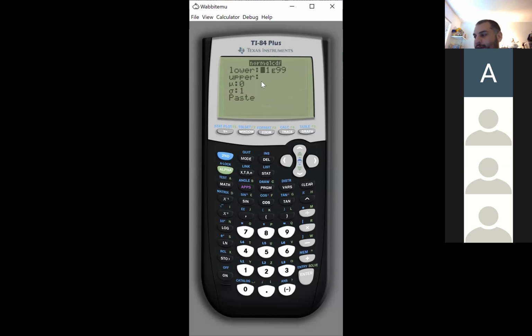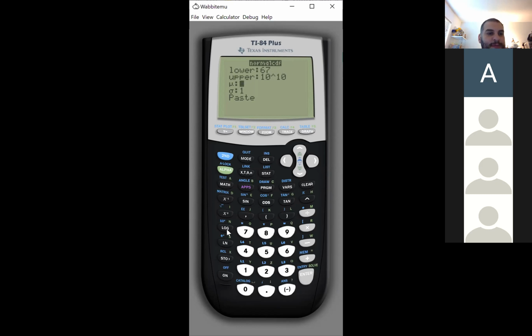For the lower bound, you put 67. For the upper bound, you put infinity, but your calculator doesn't have an infinity option. So you put 10, and then right above the division sign, there's a button that looks like an arrow pointing up. You press that, and then you put 10 again.